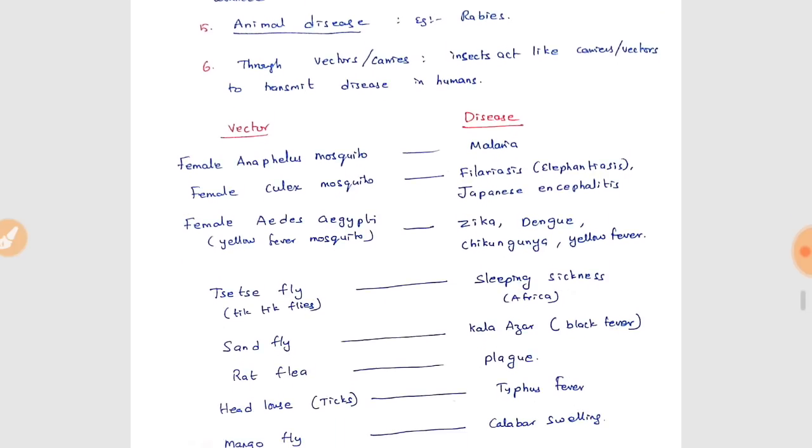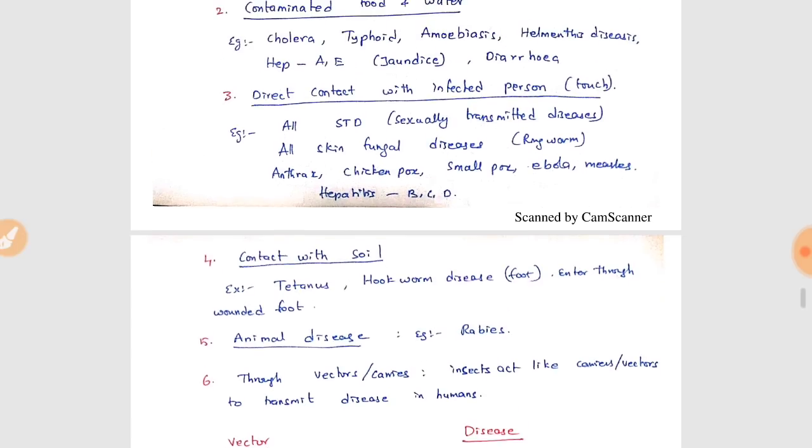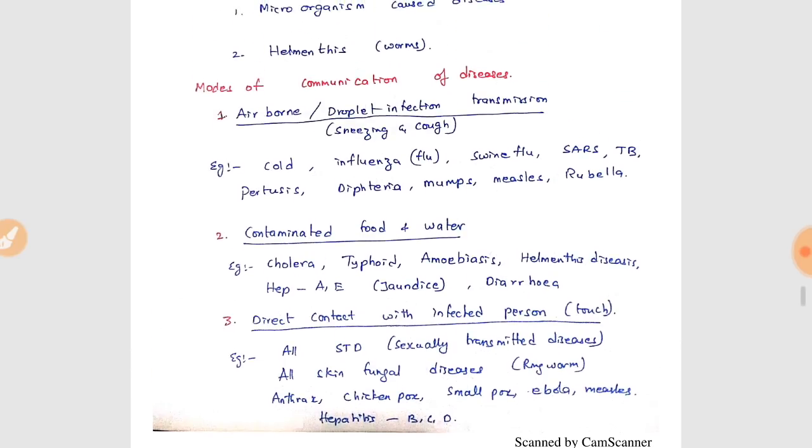Tsetse fly causes sleeping sickness or African sleeping sickness, friends. So most of the one-liners and all the differentiation between the types of diseases is given in this PDF. So it is more factual, and you have to remember each and every point in this, friends.